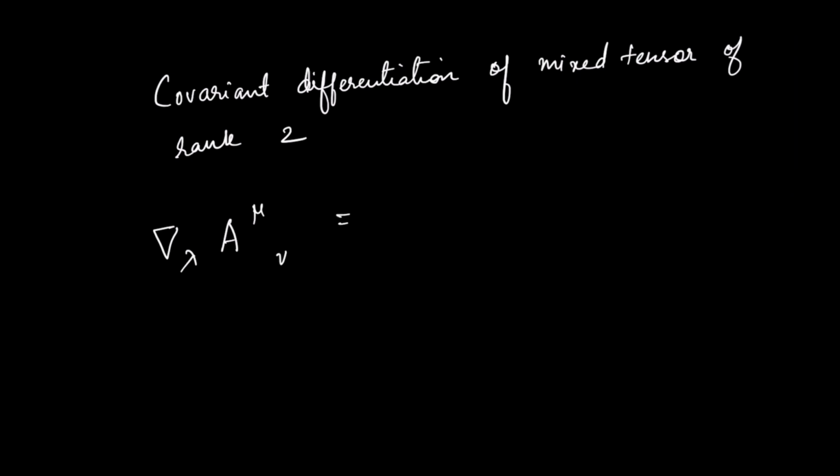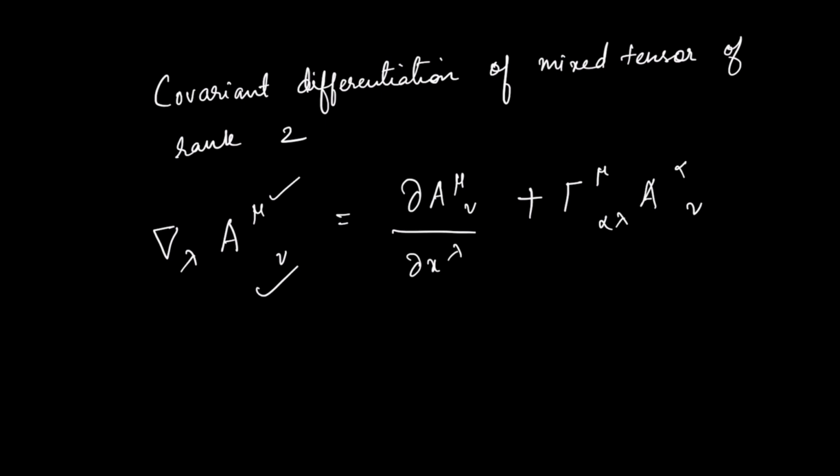Same way, first will be the partial derivative of A mu nu with respect to x lambda. Then for the contravariant index, I'll write plus Christoffel symbol mu alpha lambda A alpha nu, and for this covariant index, I'll write minus Christoffel symbol beta nu lambda A mu beta. Okay, this is the covariant differentiation of a mixed tensor of rank 2.